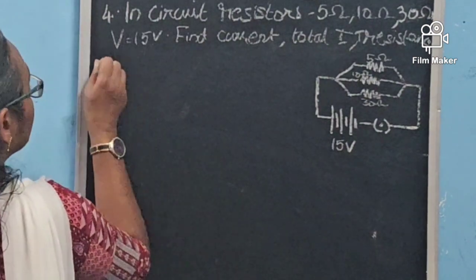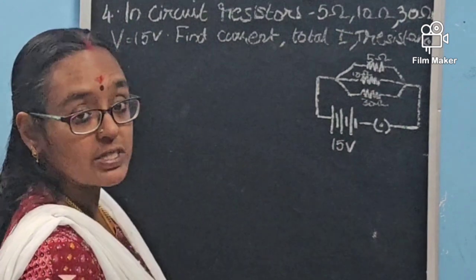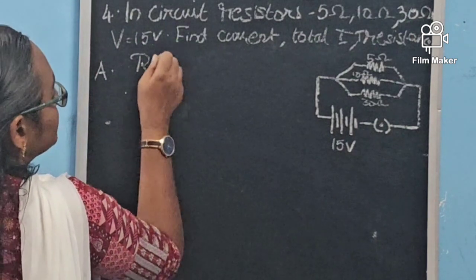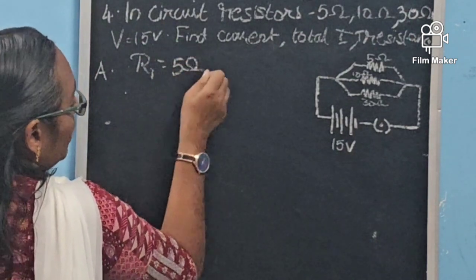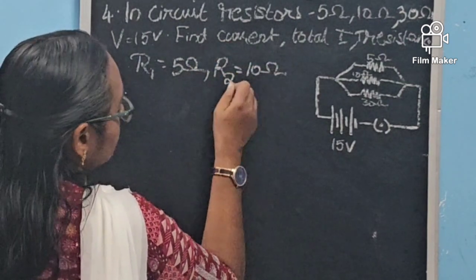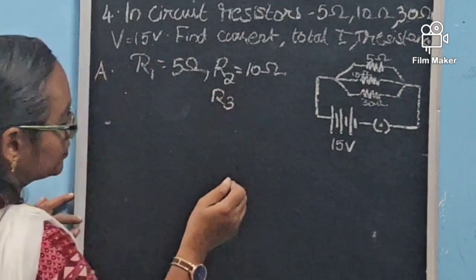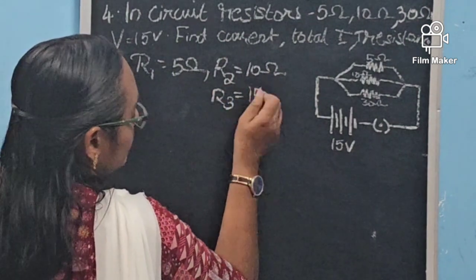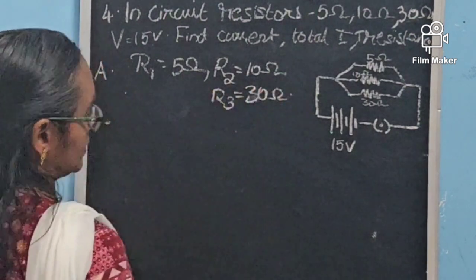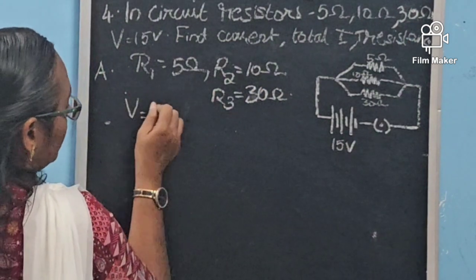So we have to find the independent current of each branch. How can we find it? First we have to write what has been given. R1 is 5 ohm, R2 is 10 ohm, R3 is 30 ohm, and the voltage is 15 volt.